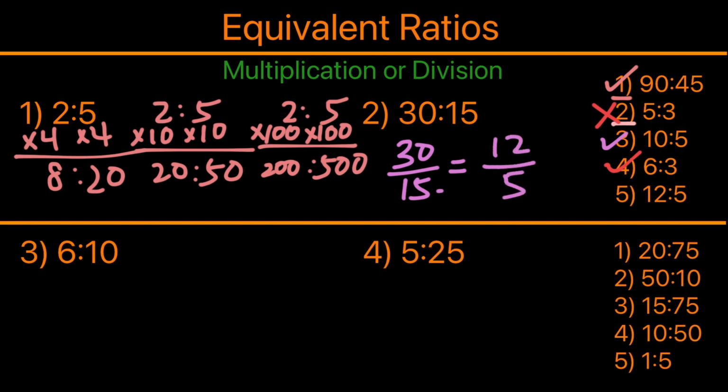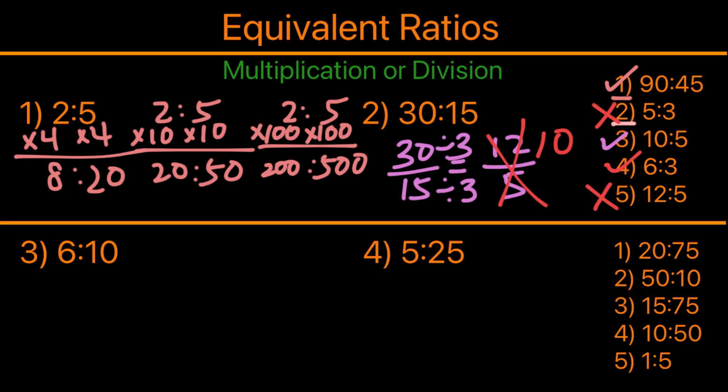The denominator needs to divide by 3, and the numerator divided by 3 would become 10. And so this one does not work. So for example 2, we can see 3 out of the 5 options are equivalent ratios to 30 to 15.